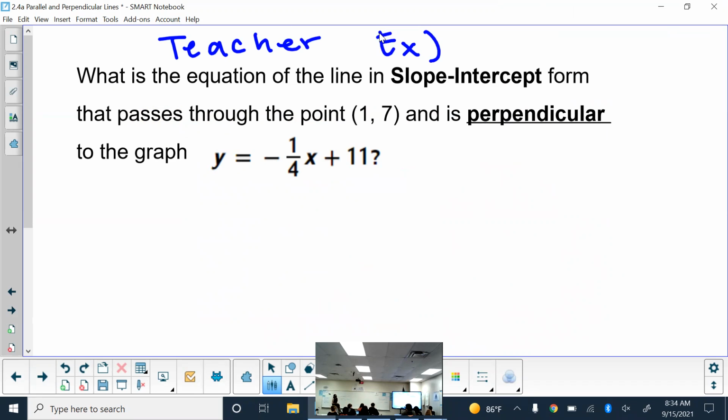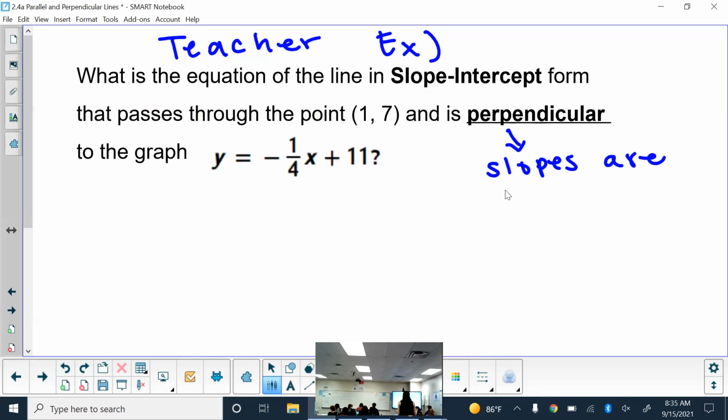So here's a teacher example. What's the difference between these type of examples and the ones we just did? These ones, we need to make a line that is perpendicular. So what does that mean? Perpendicular lines, what's different or the same about their slopes? So look at your vocab from yesterday.